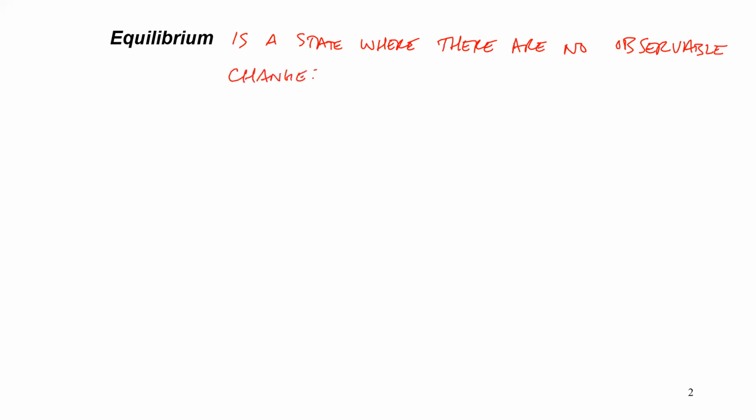And so our chemical definition for equilibrium: this is a state where there are no observable changes as time goes.